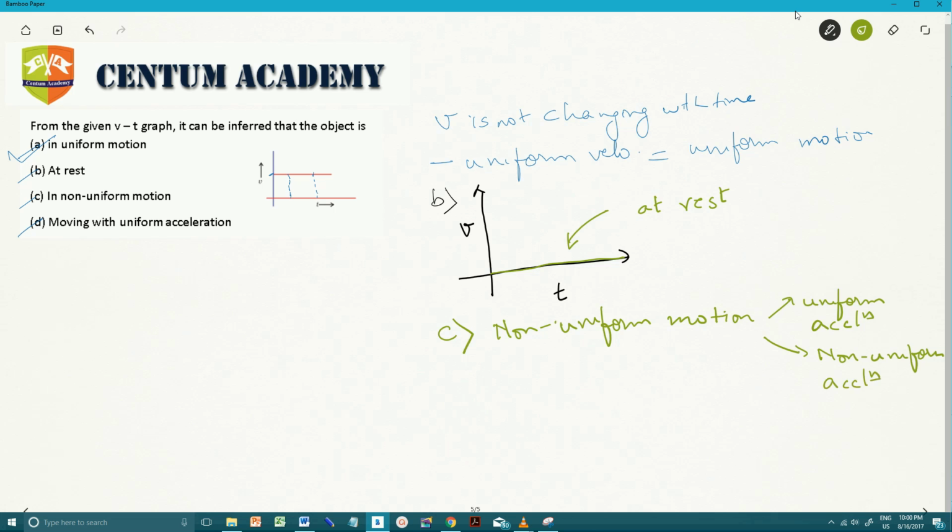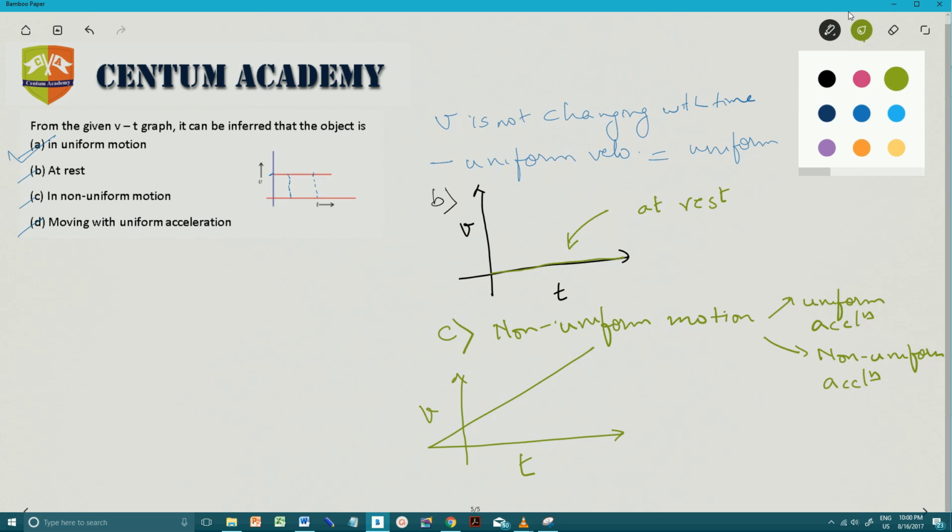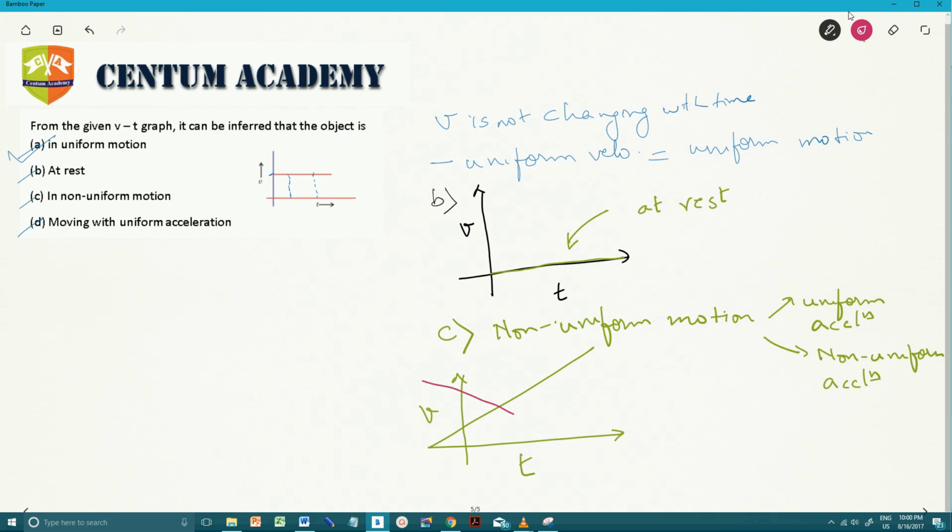So how would a velocity time graph look like in case of a uniform acceleration? If it is a uniform acceleration, so the velocity time graph looks like this. So if it is v, this is t, so uniform acceleration will be like that. Or if there is deceleration, then it could be like that, a straight line. So you'll get a straight line.